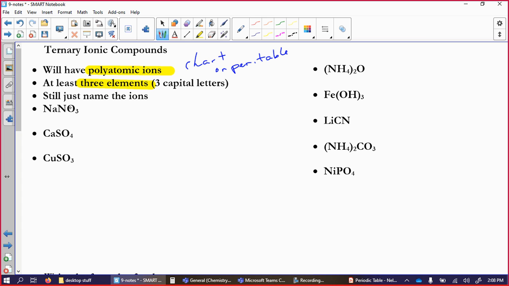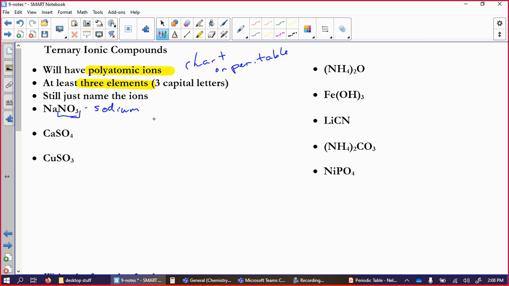Naming an ionic compound with a polyatomic ion is the same as naming an ionic compound that doesn't have one. Na is sodium. It doesn't need a Roman numeral because it's in group 1. Now we need to look at that whole bit at the end.